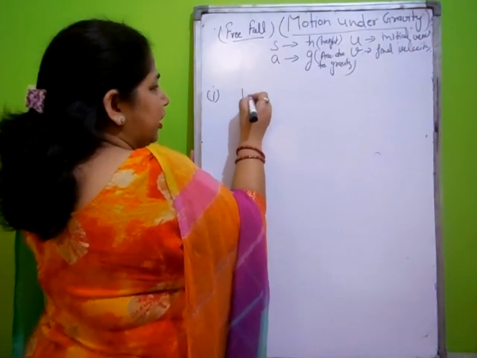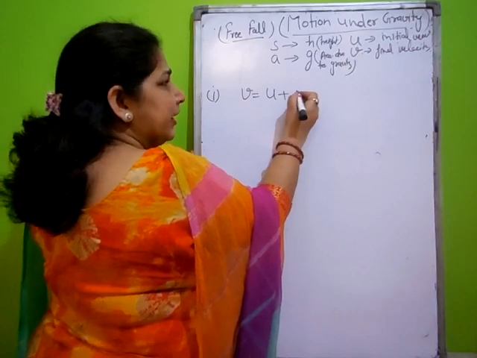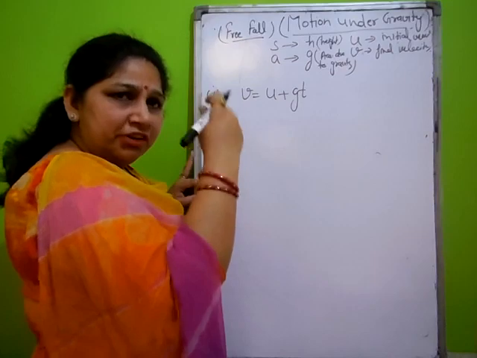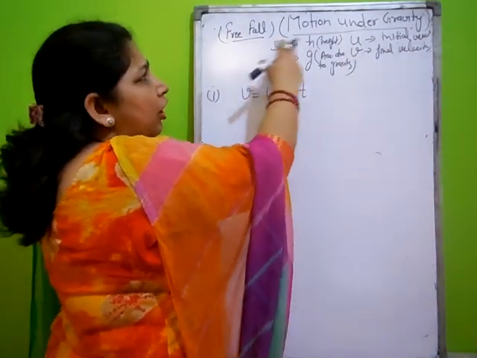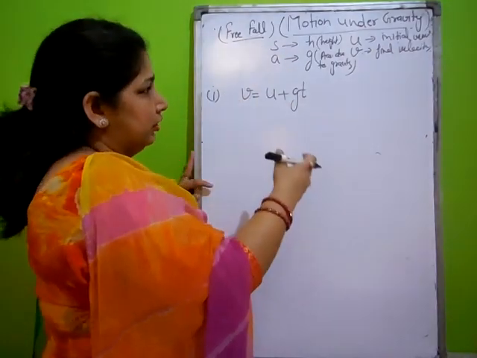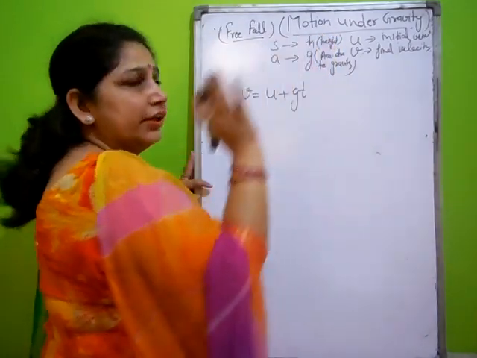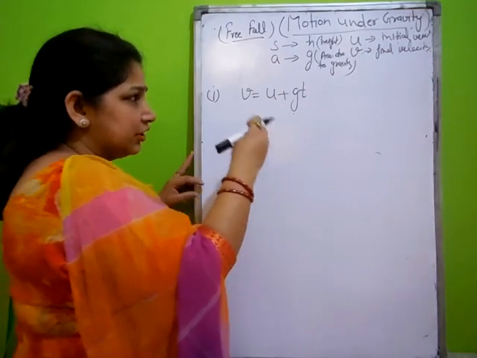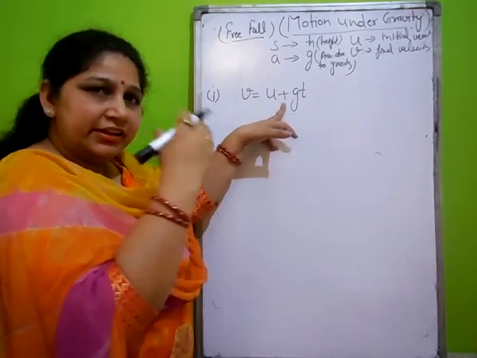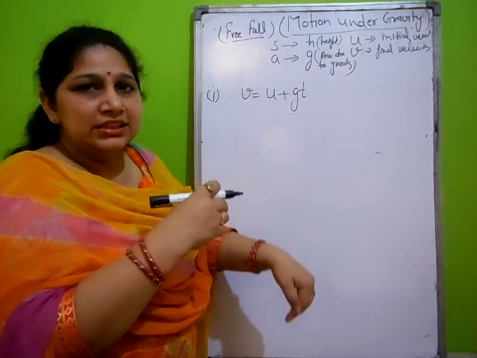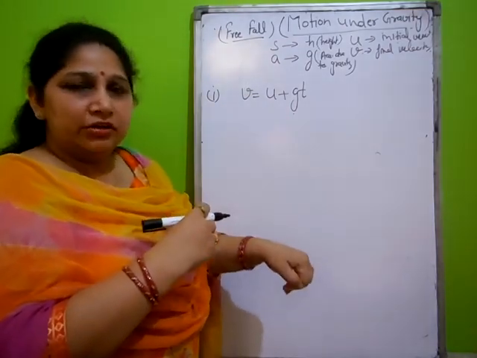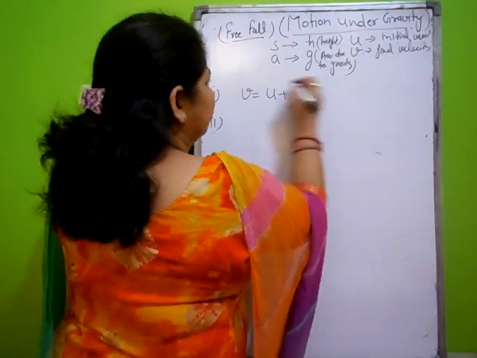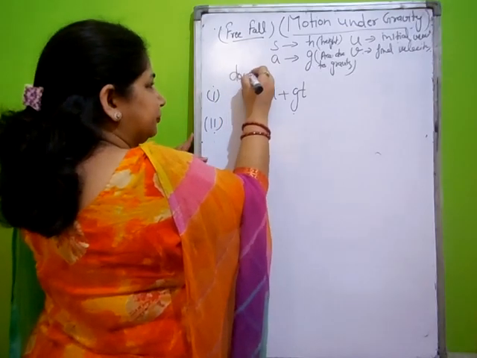First is V is equal to U plus GT. Here we write GT instead of AT. This is the equation for vertical motion, or free fall, or motion under gravity. Here G is considered positive, meaning the motion is towards the surface of the earth, the center of the earth, so this is downward motion.